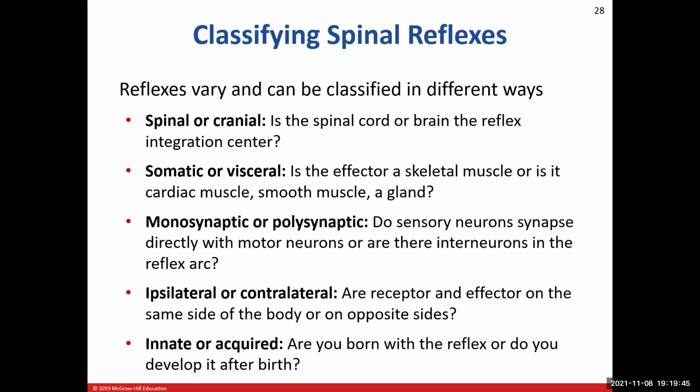Poly is many or more. All right, then we have our ipsilateral and contralateral reflexes. If it's ipsilateral, that means the receptor and the effector are on the same side of your body. If it's contralateral, that means the receptor and the effector are on opposite sides. And finally, innate or acquired. Innate, you're born with it, and acquired happens after you're born.